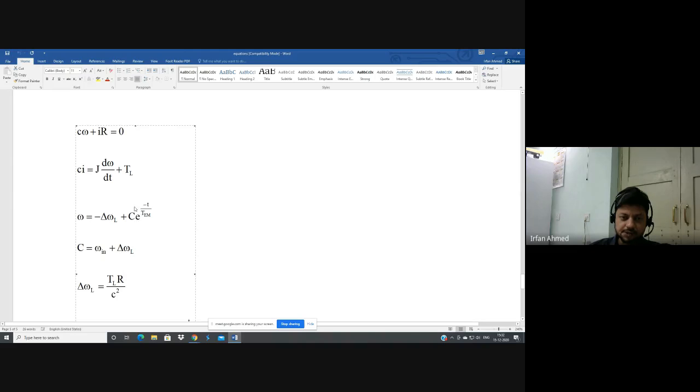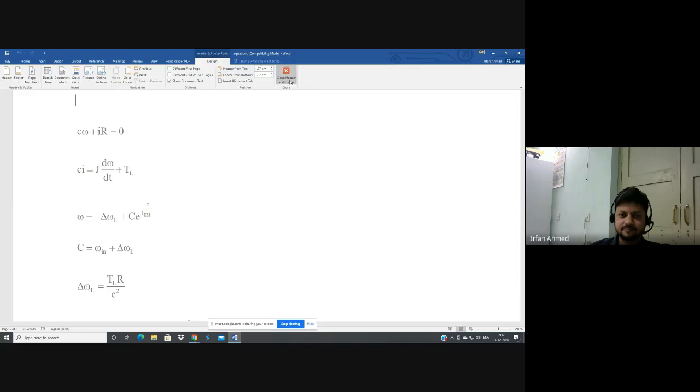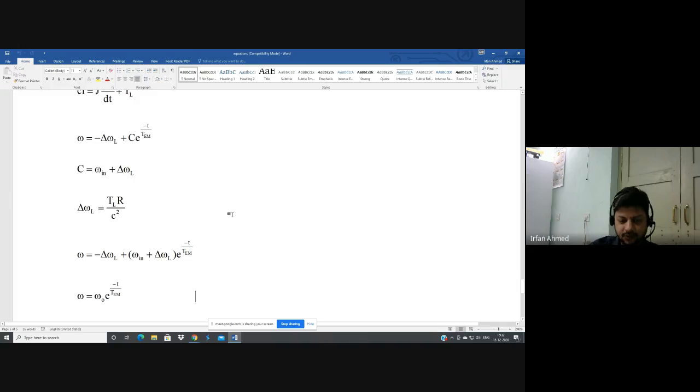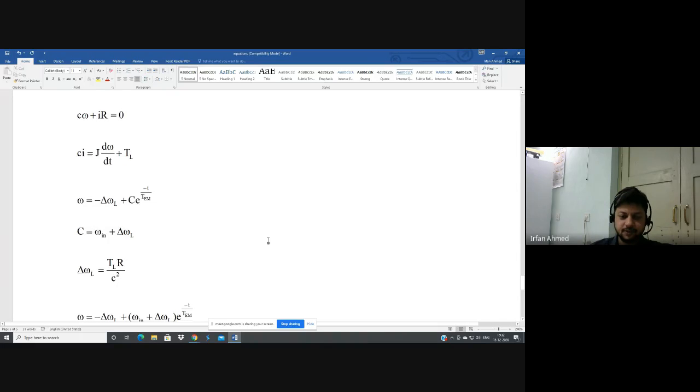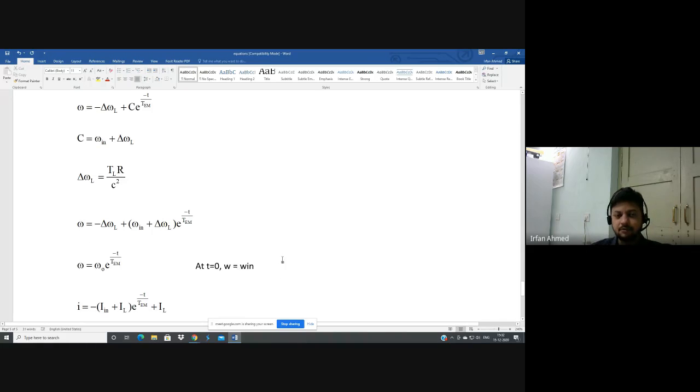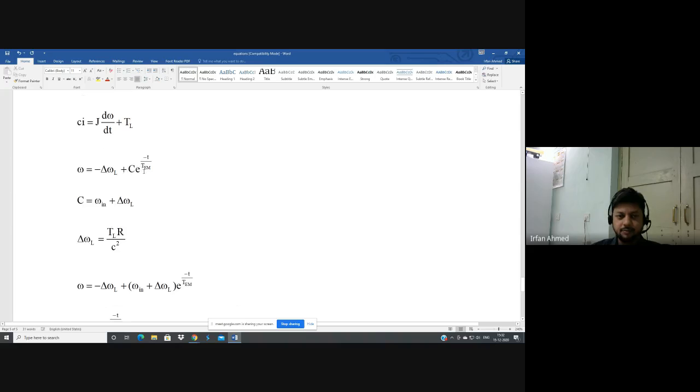Now this C is a constant whose value can be found out by using the initial condition. The initial condition is that at t is equal to 0, the speed is equal to the initial speed, omega n. So if you put t is equal to 0, this becomes e to the power 0, that is 1.